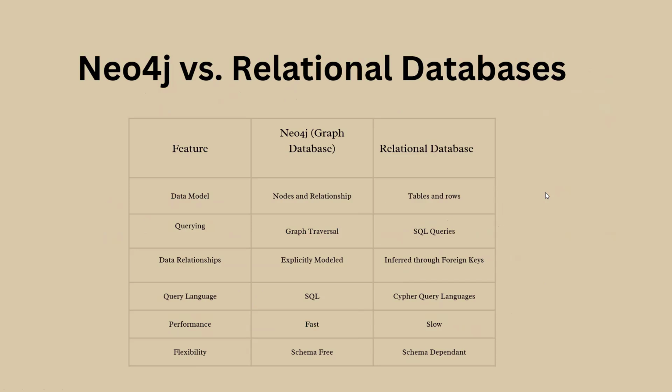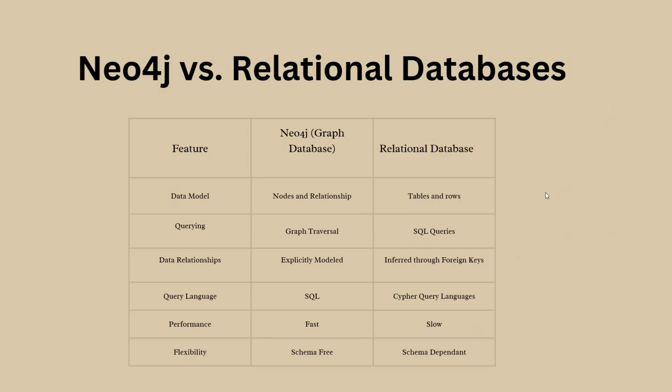When we talk about querying, in the case of Neo4j, it traverses the graph and gets the desired output. But in the case of a relational database, we go for SQL queries. In Neo4j, the relationship is explicitly modeled, but in a relational database, it's described through foreign keys.